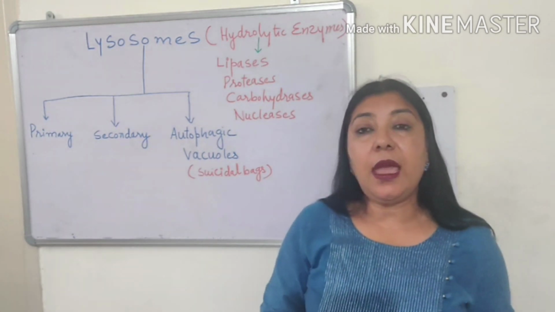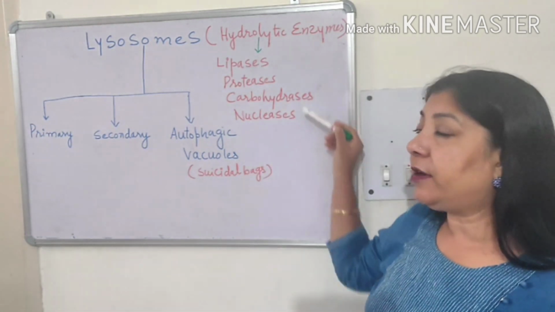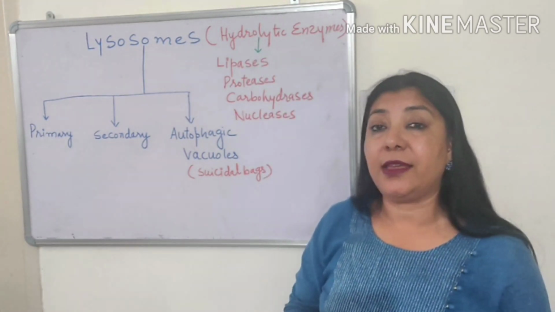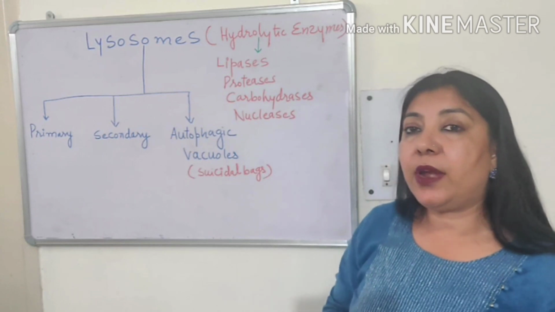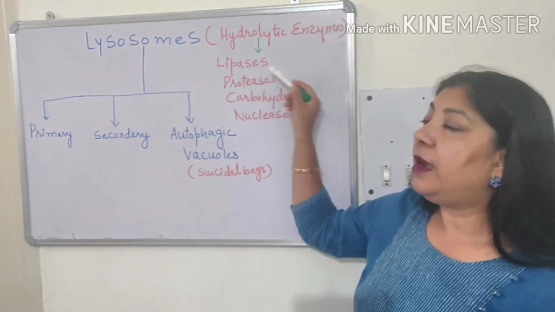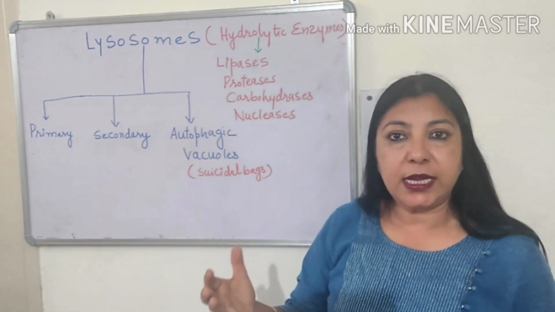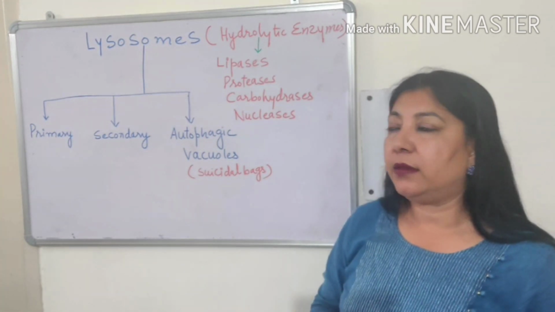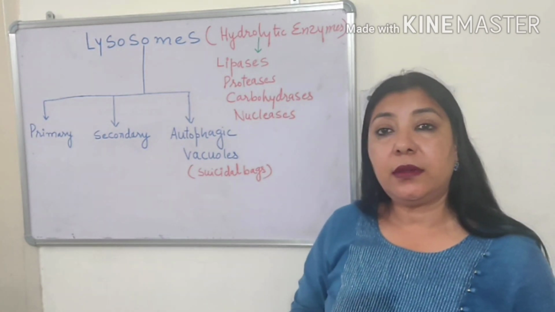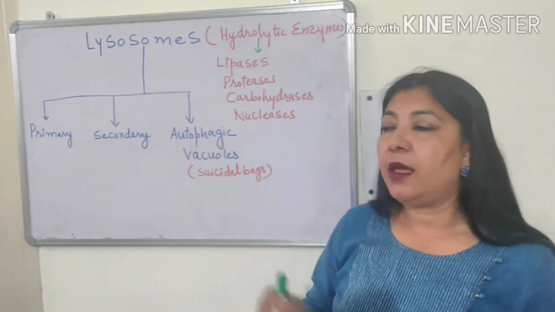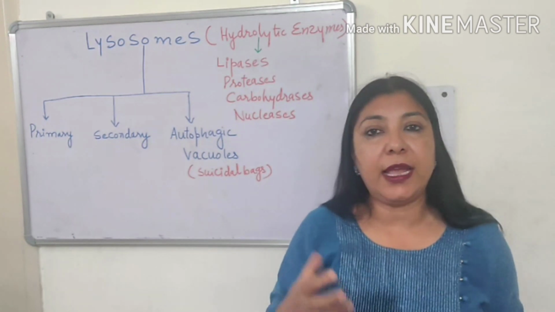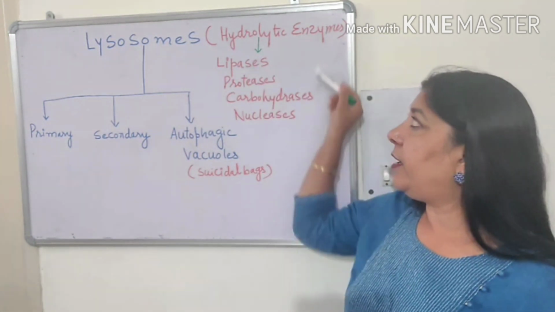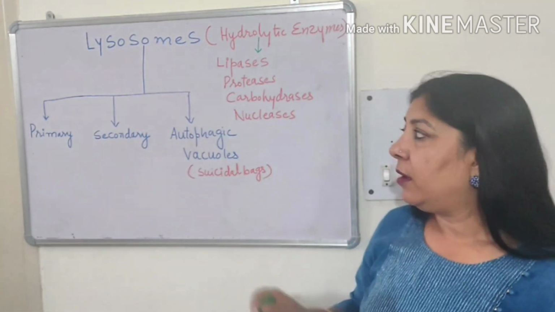But they have specific types of enzymes called hydrolytic enzymes. These hydrolytic enzymes may be lipases for digesting lipids, proteases for protein digesting, carbohydrases digesting carbohydrates, and nucleases for digesting nucleic acids. So these are different types of hydrolytic enzymes.